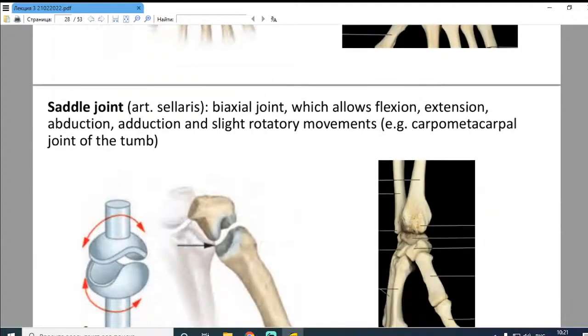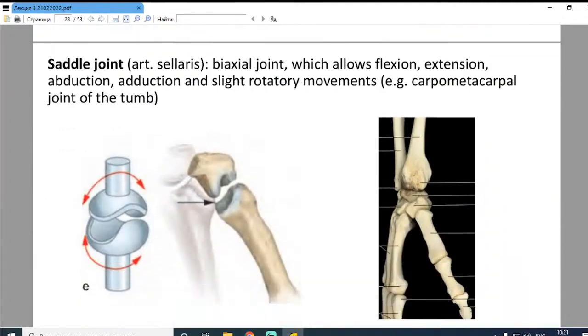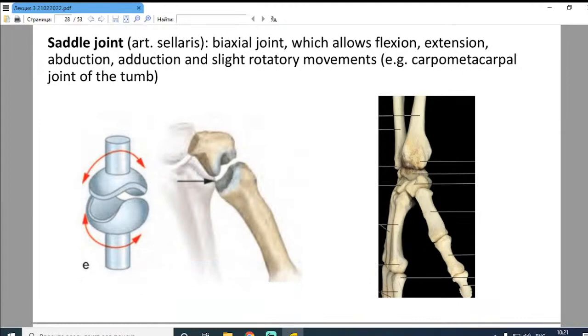Next, saddle joint, a biaxial joint which allows flexion, extension, abduction, and slightly rotatory movement. For example, the carpometacarpal joint of the thumb.